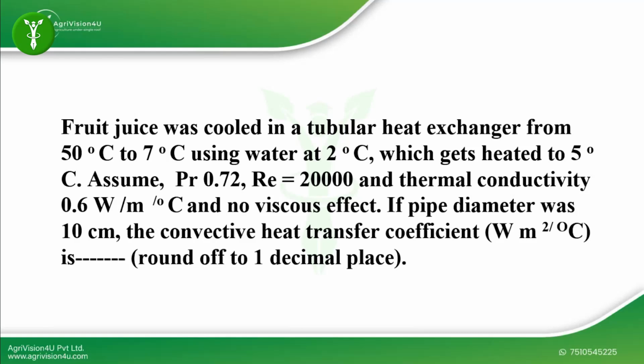Now assume Prandtl number to be 0.72, Reynolds number 20,000, and thermal conductivity 0.6 watt per meter per Celsius, and no viscous effect. If pipe diameter was 10 centimeter, the convective heat transfer coefficient is what?